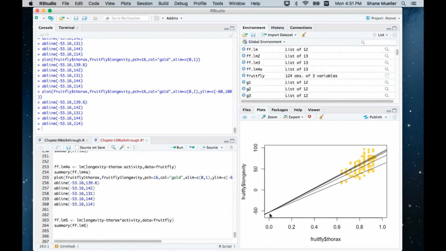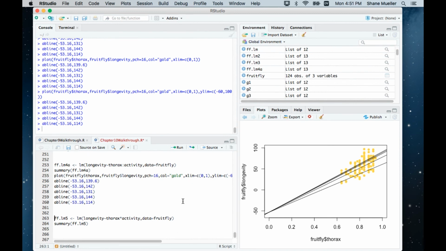So they all fan out from this point here, but they have different slopes. And so I would think that maybe this would be a reasonable model as well, that they sort of all start the same, but the effect of the activity is a growth rate rather than an absolute value. In this case, these slopes are really quite similar, so you could probably model it either way, and you might want to do something more complicated to figure this out, whether you really need both slope and intercept differences.